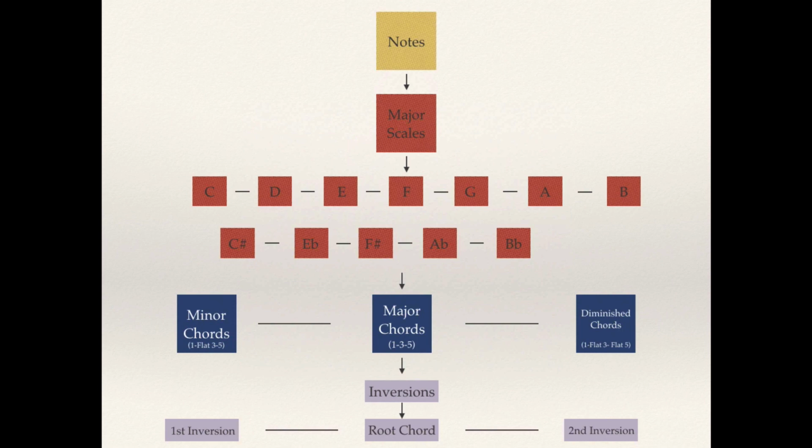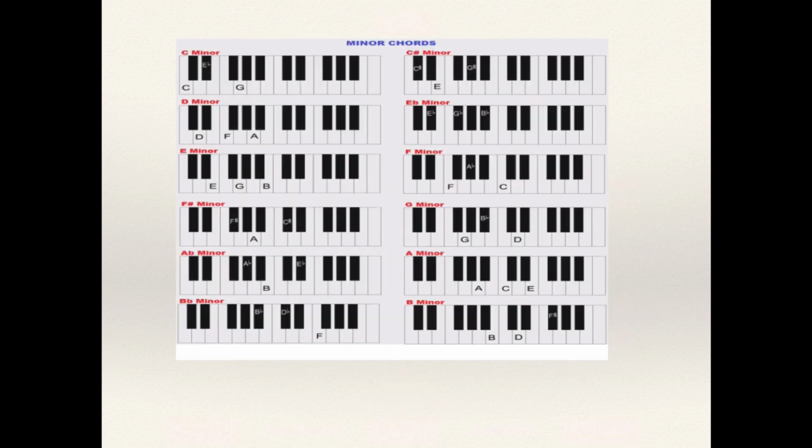Alright, moving on. Now we are going to the minor chords. The minor chord is basically like the major chord. The only difference is that instead of playing the 1, 3, and 5, you're playing the 1, the flat 3, and the 5. And every note slash scale has its own minor chord as well.